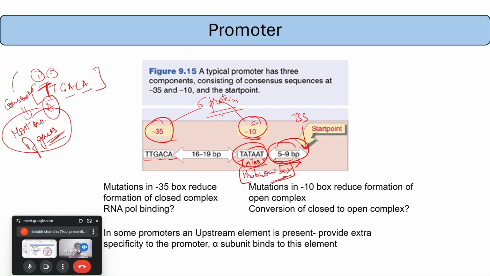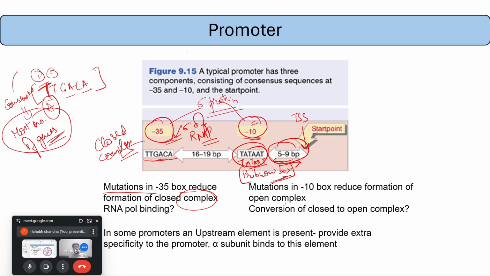What happens in the minus 35 box is that it basically helps in closed complex formation. If there are mutations in the minus 35 box, that reduces the formation of the closed complex. So it has a major role in binding of the sigma subunit of RNA polymerase.